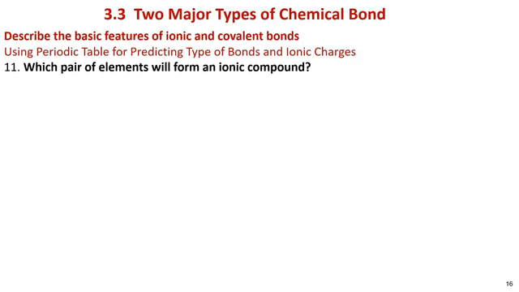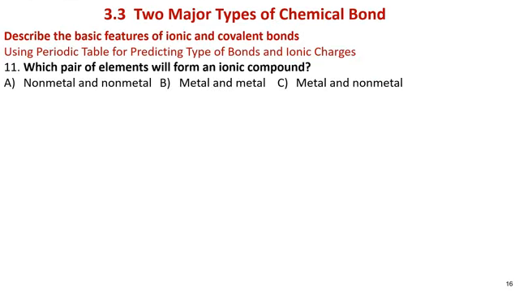Which pair of elements will form an ionic compound? Ionic compounds are formed between metal and non-metal. Metals have lower electronegativity, non-metals have high electronegativity. Low electronegativity metals lose electrons, and non-metals gain electrons. C is the correct answer.